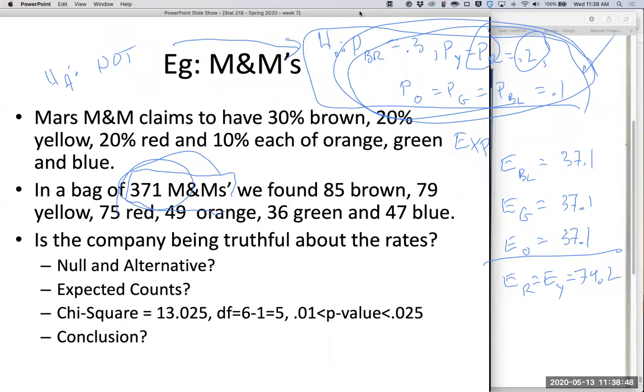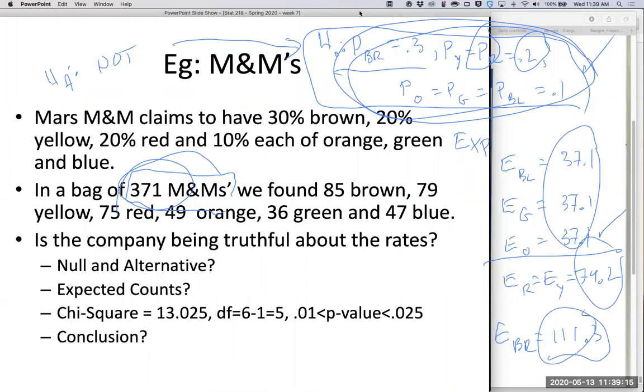And then finally, for brown, the expected number is 3 times 37.1, which is 111.3. Did I get it right? Okay, yes, 111.3. So I have my expected counts right there, and I've got my observed counts here.